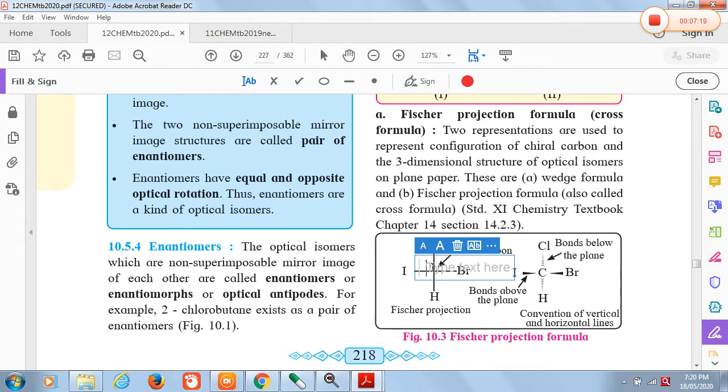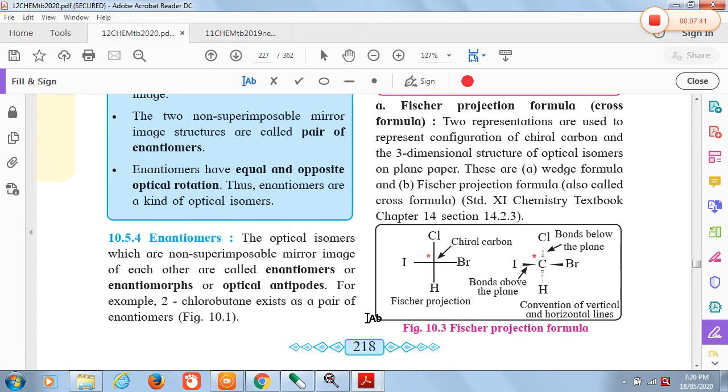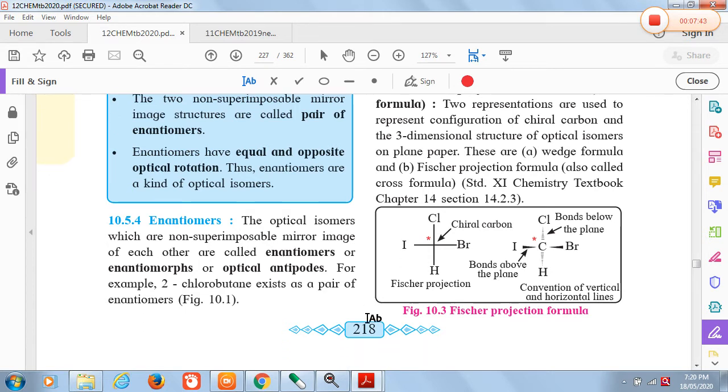So this carbon is asymmetric carbon. Here also we write that carbon which is attached to 4 different groups, so it is also a star carbon. So these carbons are asymmetric carbon, they are attached to 4 different groups, and that carbon is chiral carbon.